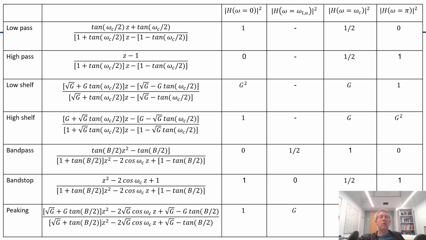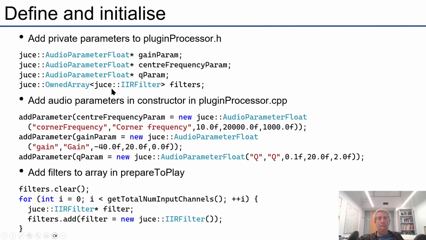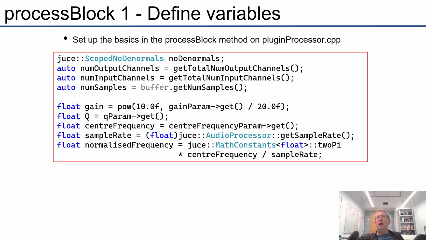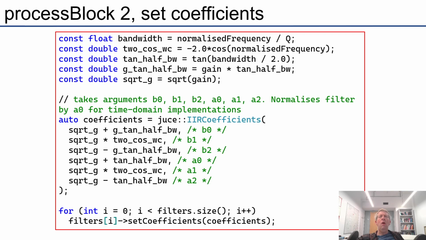So for instance, if we have a low shelving filter, what would be the coefficients? What is the square root of g plus g tangent omega c, the normalized frequency, over 2, and so on. And we have a few lines of math to get all of those coefficients.